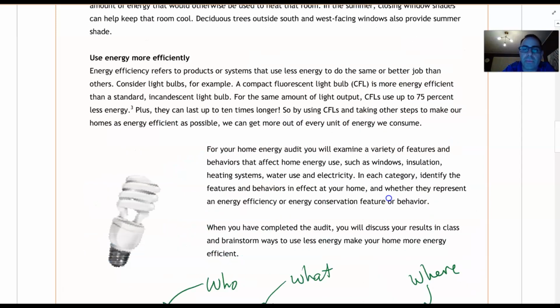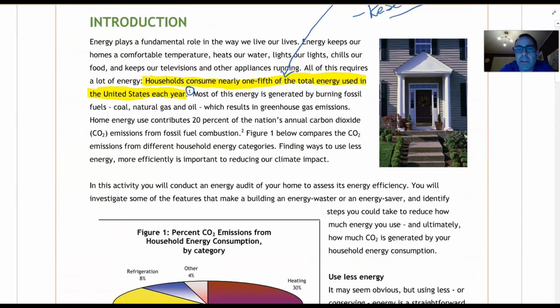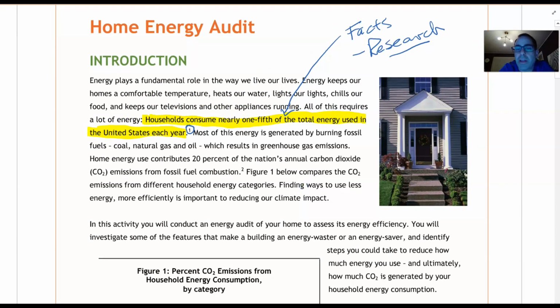So that sentence, we'll go back to it because it's a good one. It's got some information that you can't just make up. You had to get it from somewhere. Whenever we prepare a report or something like this, or in this case, an activity for learning, we have to reference information that we research. We can't just say we made it up ourselves. That would be called academic dishonesty. So, really important little side note there.